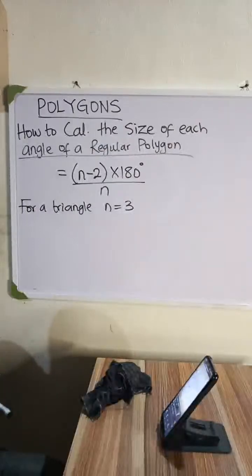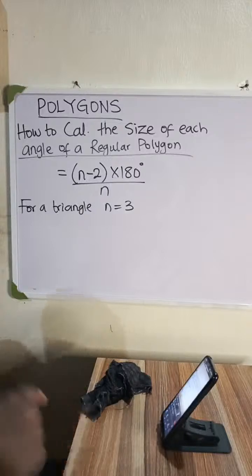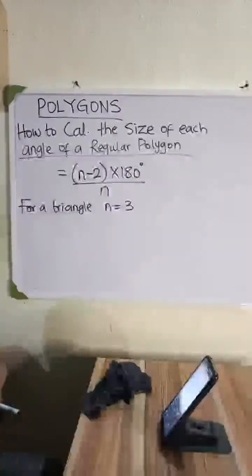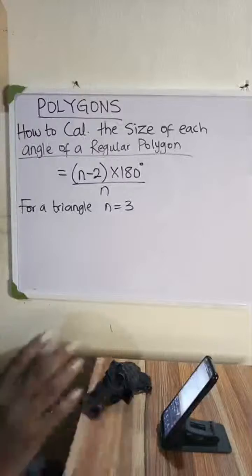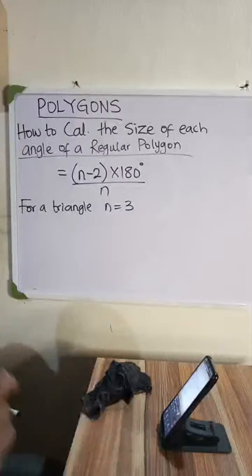Now I want to ask you a question. What is another name for a regular triangle? We learned the different types of triangles. Of all the triangles that we've learned, which of them is also a regular triangle? This question comes with 3 marks.